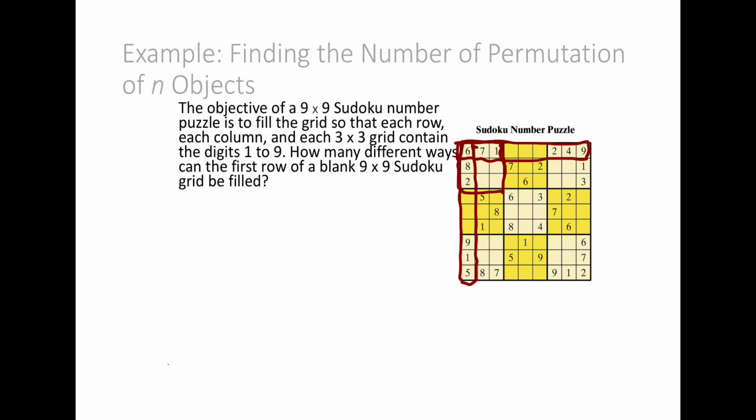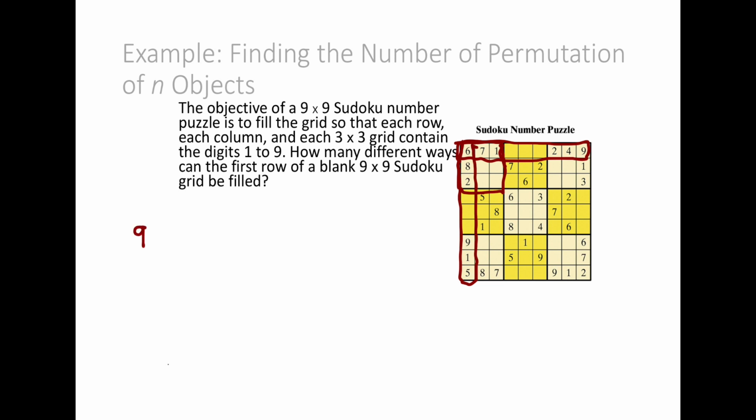And so the question here is: the object of a 9x9 Sudoku number puzzle is to fill in the grid so that each row, each column, and each 3x3 grid contain the digits 1 to 9. How many different ways can the first row of a blank 9x9 Sudoku grid be filled? That would give me 9 items in a row there.